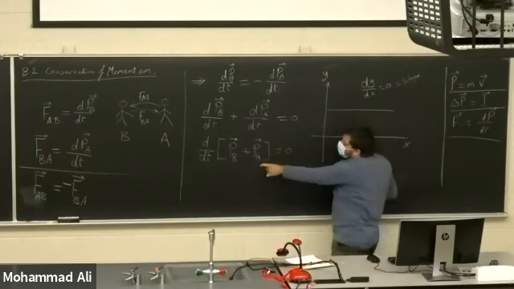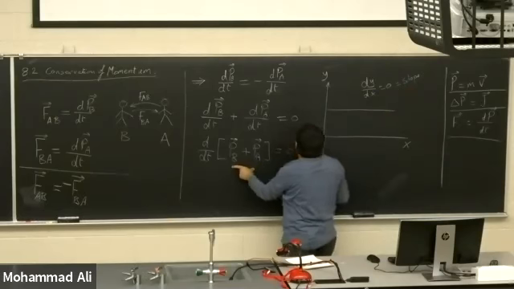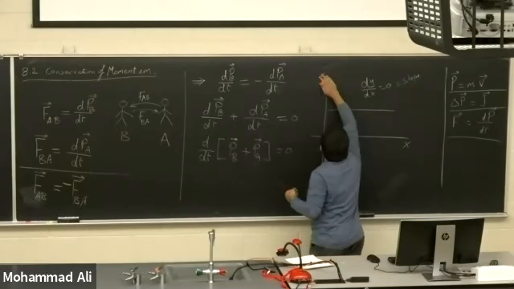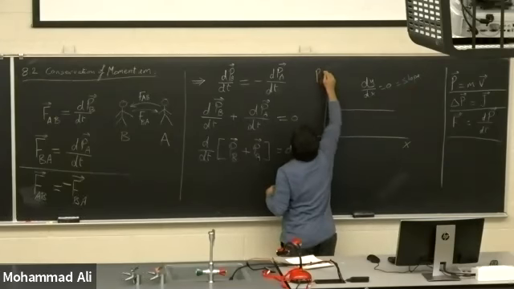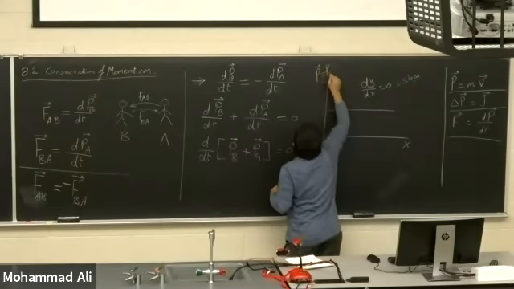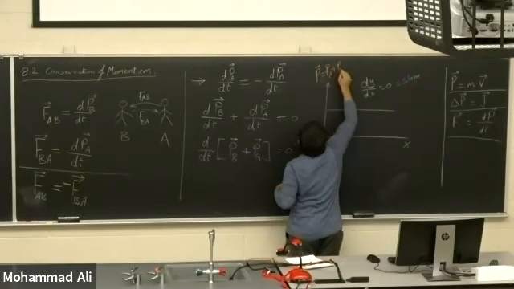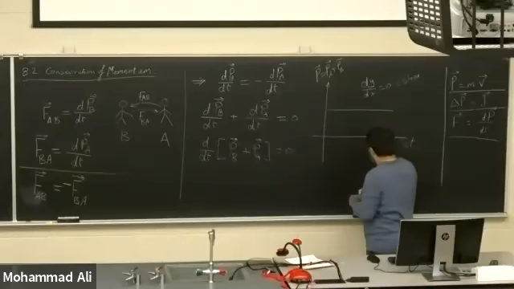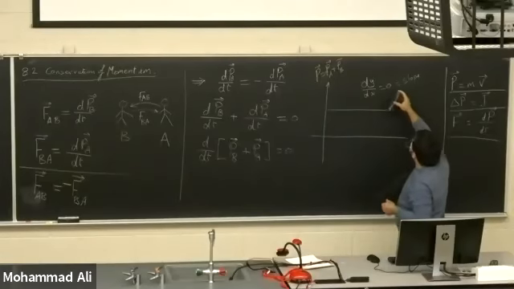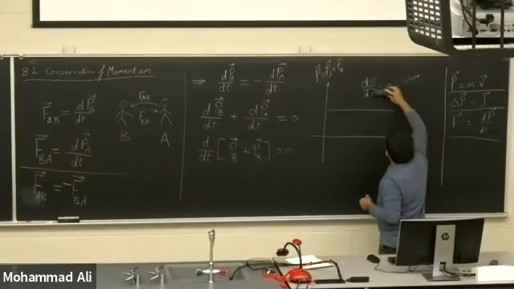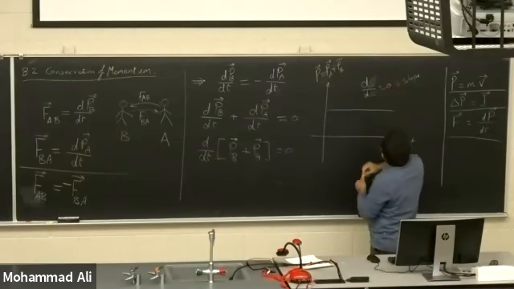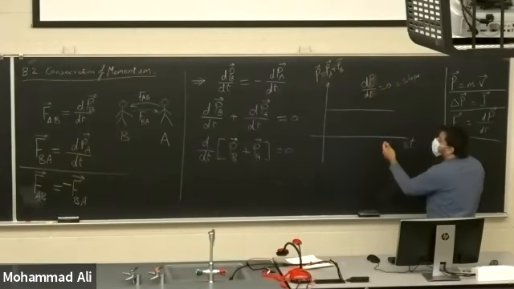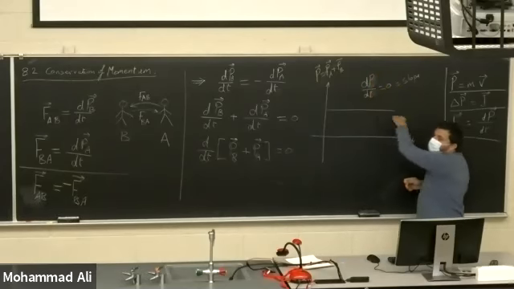And the same thing is true for our relation here. If we now have the momentum P, which is equal to P_A plus P_B, and time on the x-axis, then we have dP by dt equal to 0.